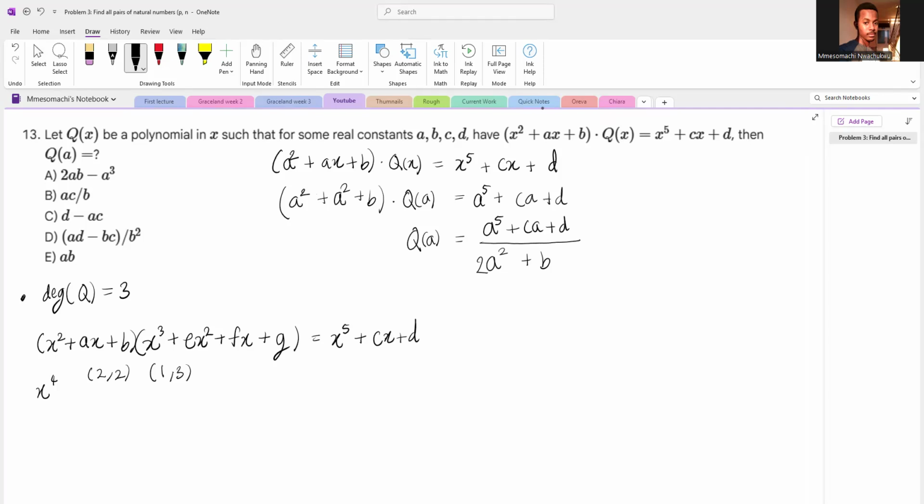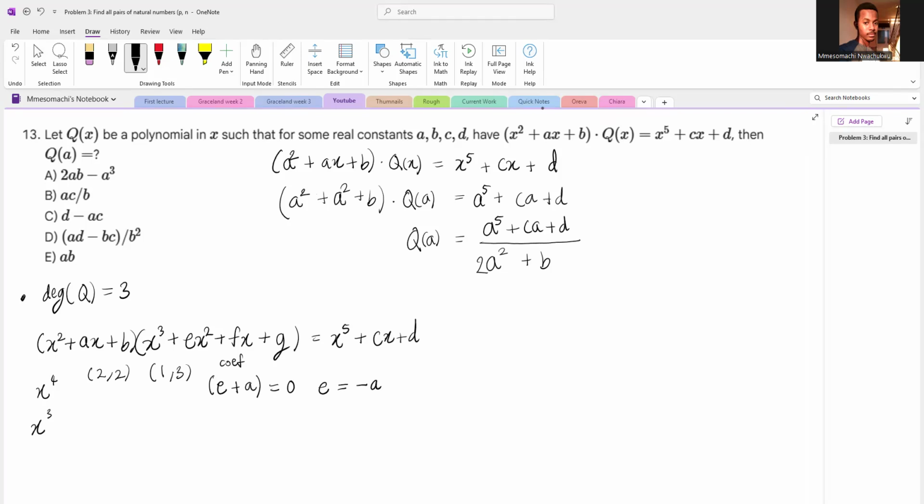So x squared times ex, that's going to be e. Then we have ax times x cubed, that's going to be a. We know this is going to be equal to 0, so we can just put e is equal to minus a.